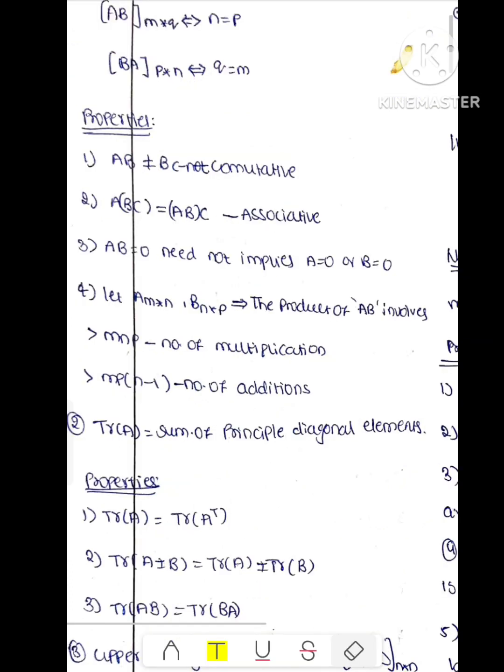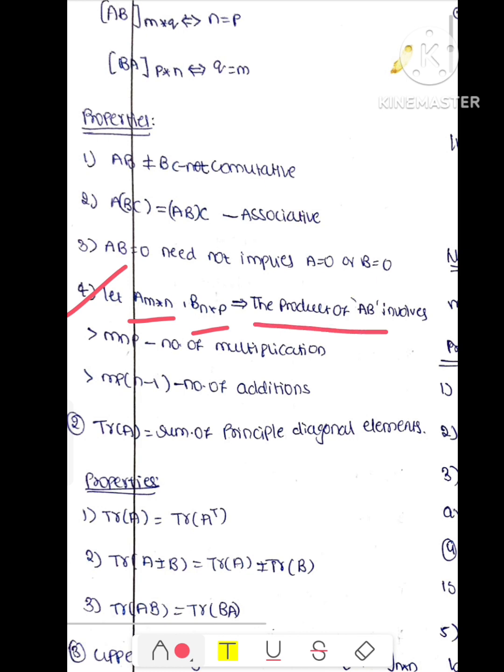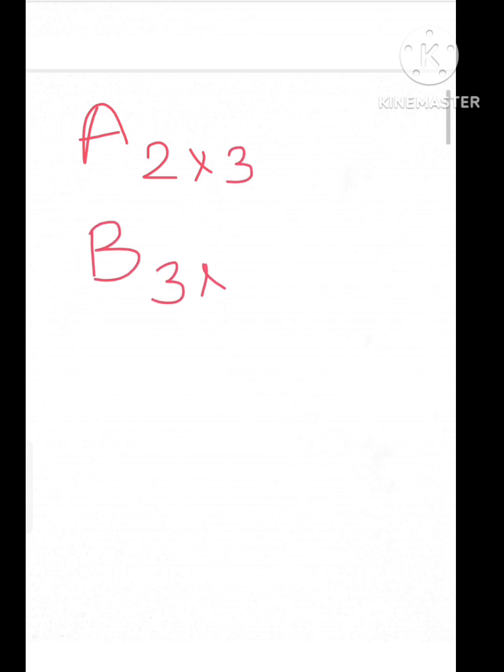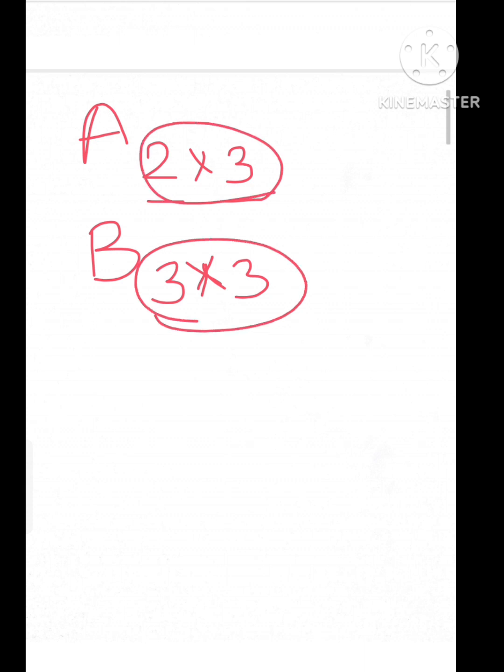Now the fourth point: for A and B matrices, the product involves M n p multiplications and M p into (n minus 1) additions. I will explain with an example. In the exam they will give A as a 2 by 3 matrix and B as a 3 by 3 matrix, and they will change the orders.